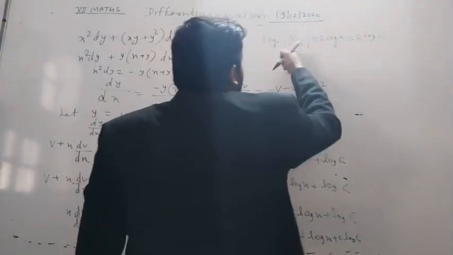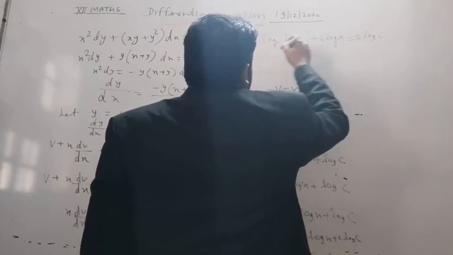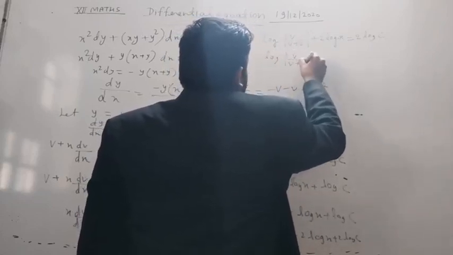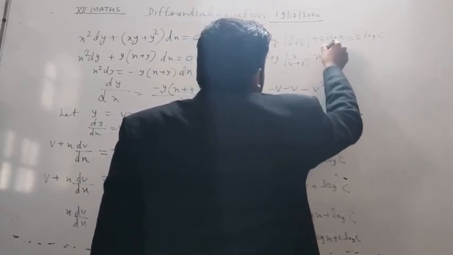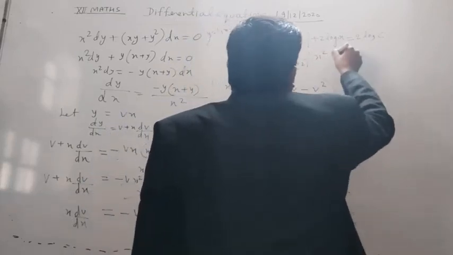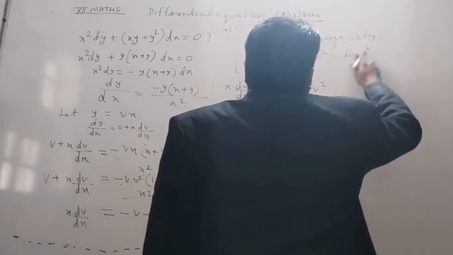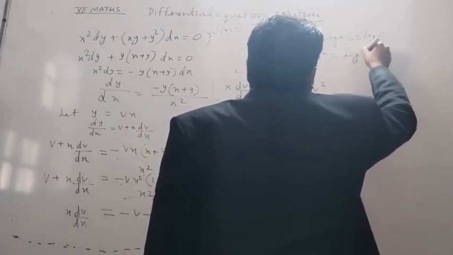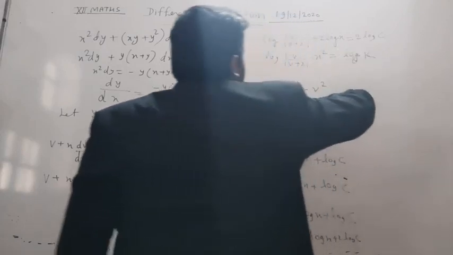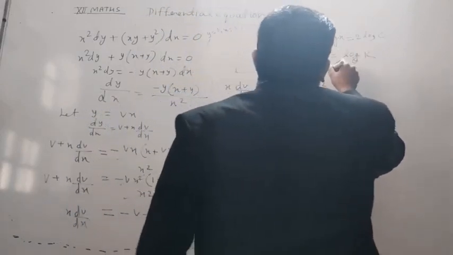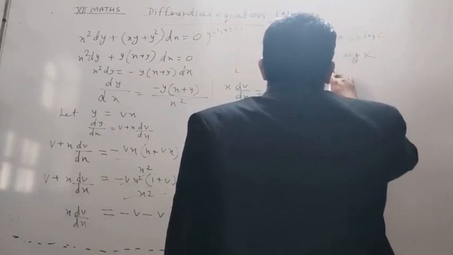What we write, this is log m plus log n, so we write log of b by b plus 2 into x² equals log of c², taking another constant k, and this log and log will cancel, we get modulus.